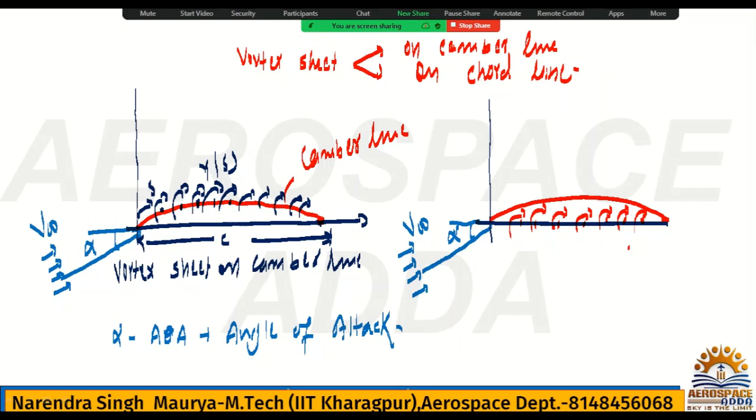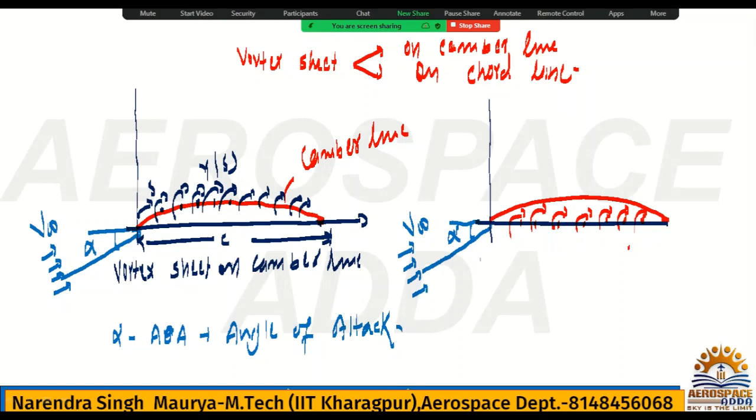One is w dash, and w dash will be the component of velocity normal to the camber line, which is induced by the vortex sheet, because gamma s you have seen, right? So one velocity component will be w dash, normal to the camber line.